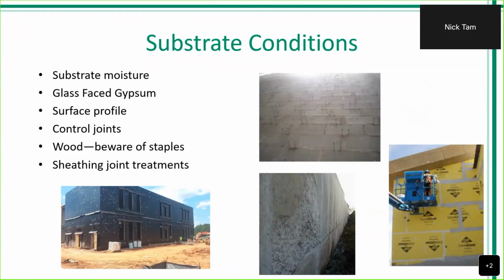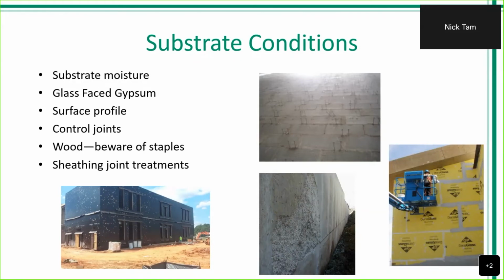The reason I mention that is because if we get enough vapor drive through those CMU walls, considering how permeable they are, we can in turn start getting bubbling on the air barrier and it becomes a problem. So we want to make sure that these substrates are as dry as possible so that we can prevent any of those issues. The same can happen with sheet applied materials, but do note that we try to keep any surface as dry as possible.